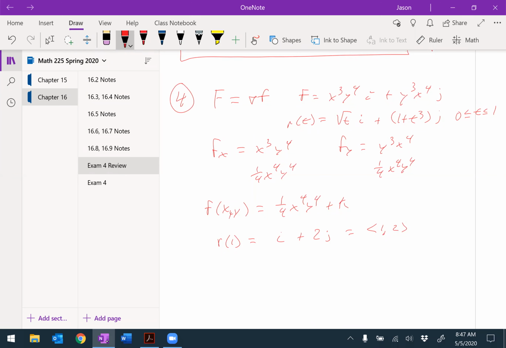Okay, what about r of 0? Let's plug in 0 now. Square root of 0 is 0, so that's going to be 0 i, plus 1 plus 0, which is 1, so that's just j. 0 i plus j, which is just 0, 1 there.